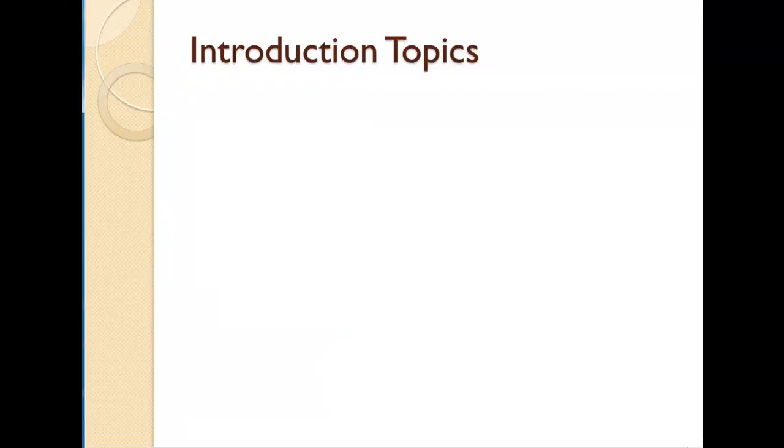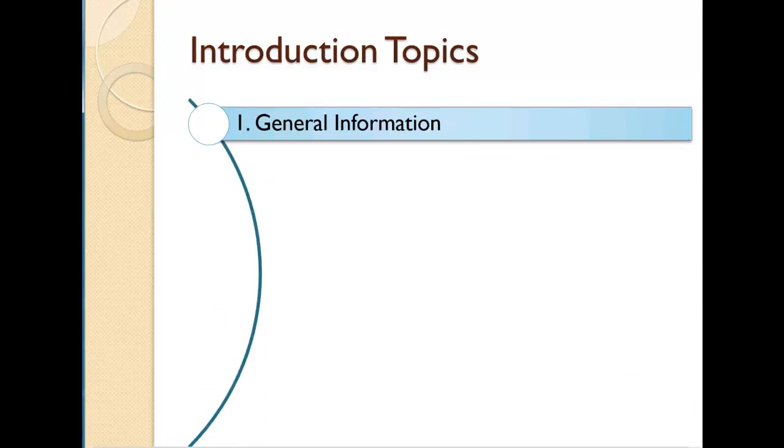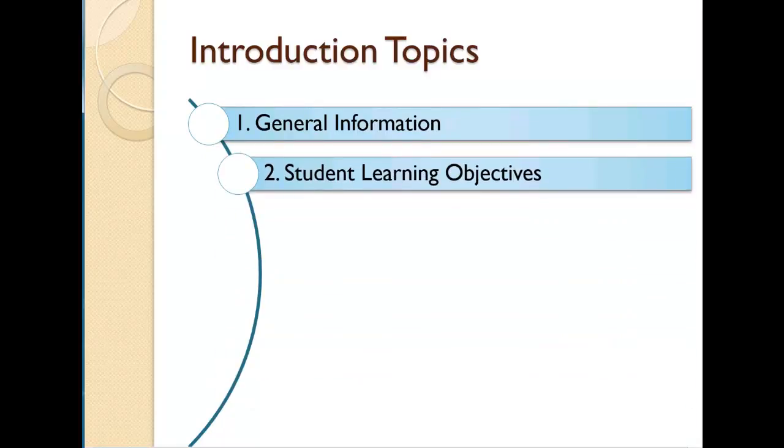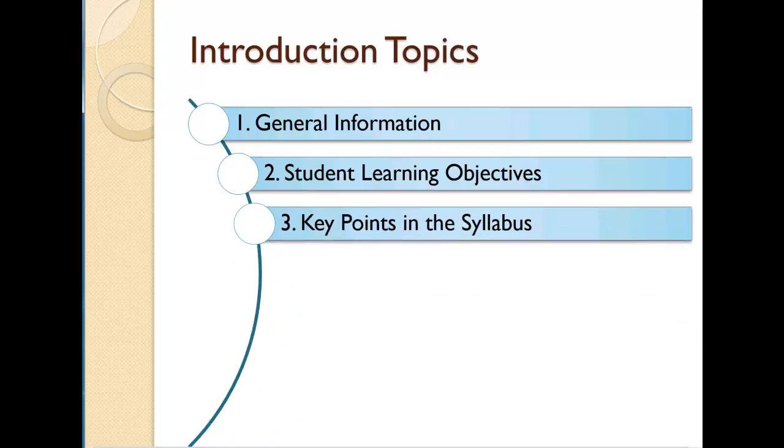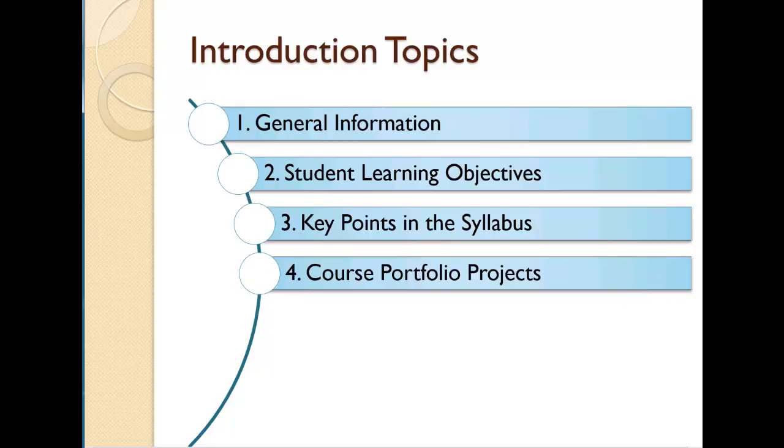Now there are a few topics that I want to make sure we review during this orientation. The first being the general information that you need to know about this course. Second being the student learning objectives. Third, some key points in the syllabus that I want to point out to you. Fourth, the course portfolio projects. I just want to review how the grading and everything works with that.